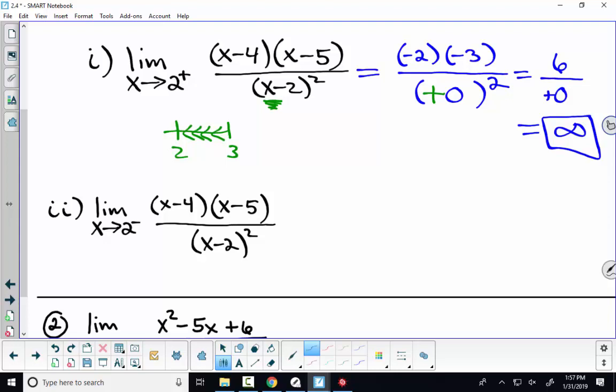Because the denominator is squared, does it really matter what values of 0 we pass through? No, because the denominator is always going to turn into something positive, because we're squaring that result.